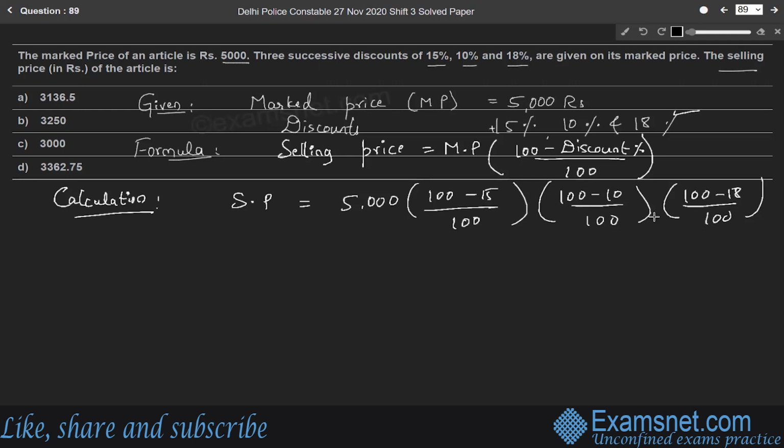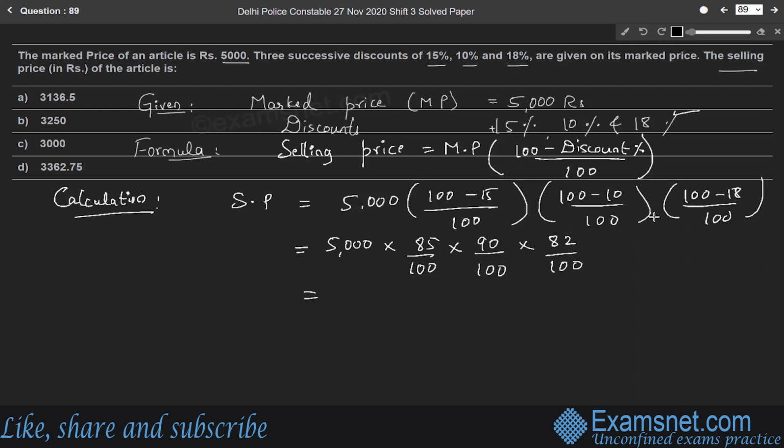Yes. Now you have to simplify it. So 5,000 into 100 minus 15 is 85 by 100 into 90 by 100 into 82 by 100.